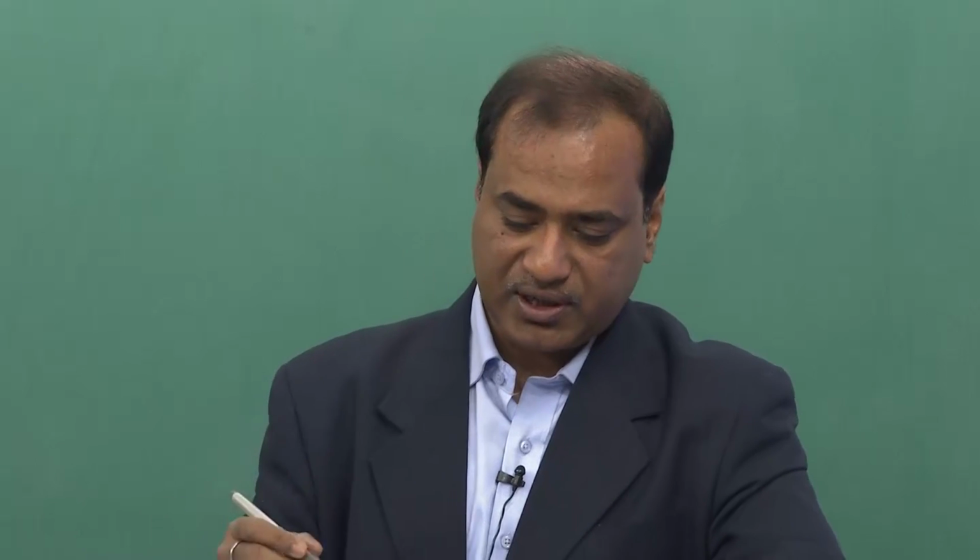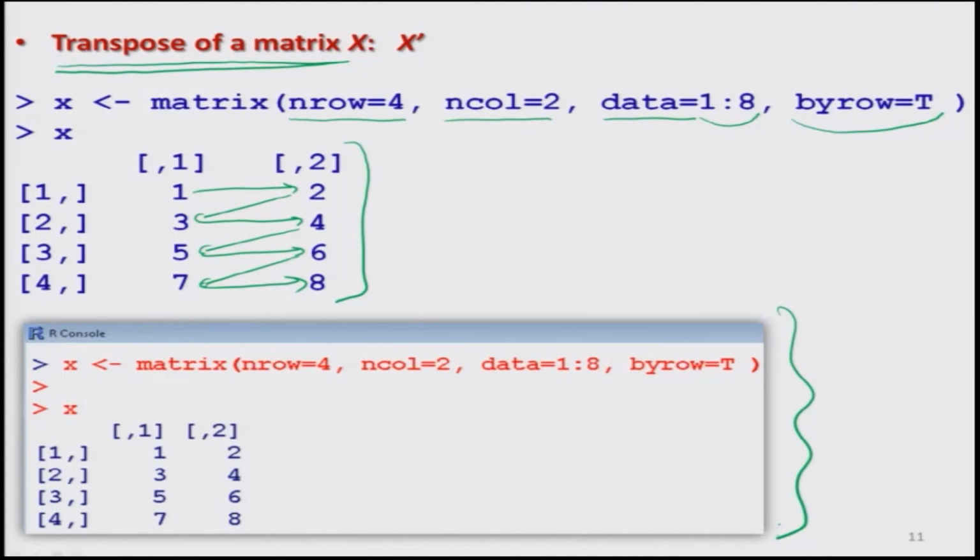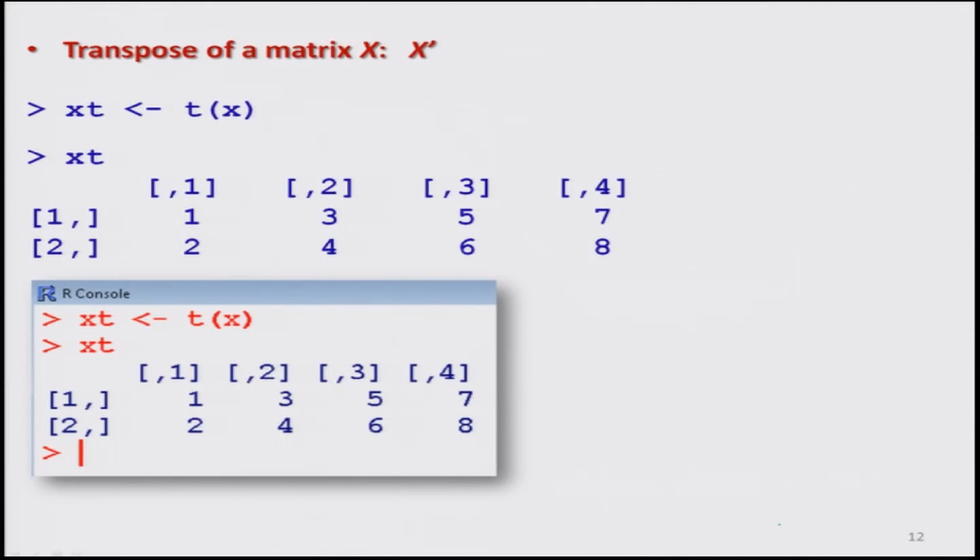So, I am considering this matrix, and this is a screenshot of the matrix. The usual symbol in mathematics to denote the transpose is X prime, which is called X transpose, or in some books they write X with a superscript capital T, which means X transpose. In order to obtain the transpose of a matrix in R, the command is t, and inside the bracket you write the matrix or the variable that contains the matrix.